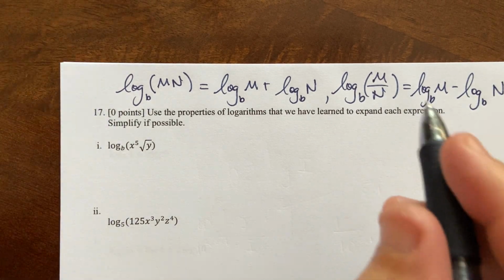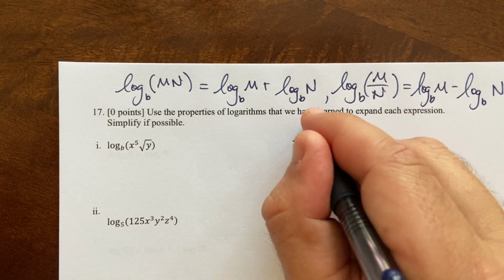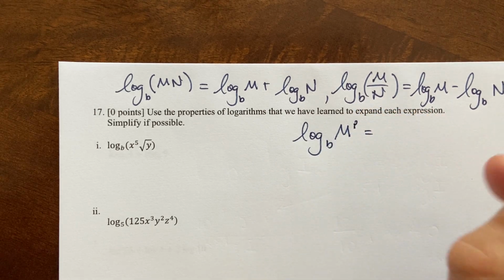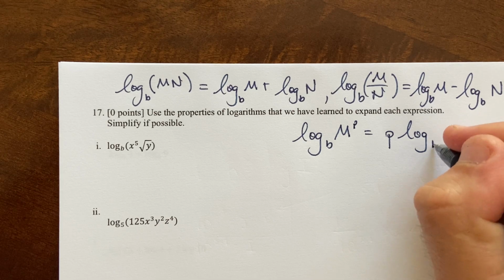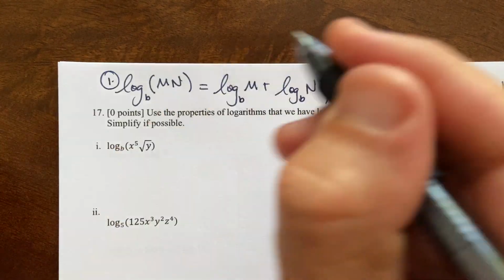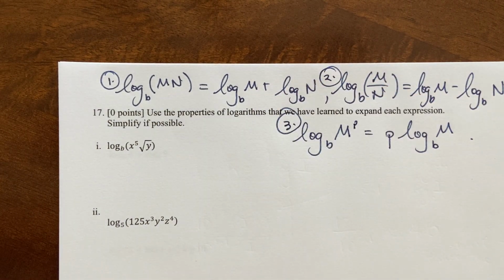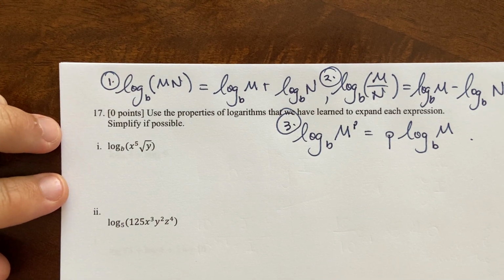And then finally we have this one where if you have a power, so if you have log base b of m raised to the p, that you can bring that p out front as a product. Okay, so those three, 1, 2, 3 are kind of the main ones that we're going to use to simplify these or expand and condense as needed.